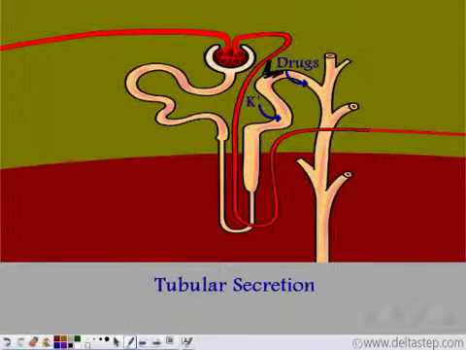Now, these drugs and minerals like potassium are passed into the forming urine, which passes through the distal convoluted tubule. And hence, this process is known as tubular secretion because minerals and drugs are secreted back into the distal convoluted tubule.